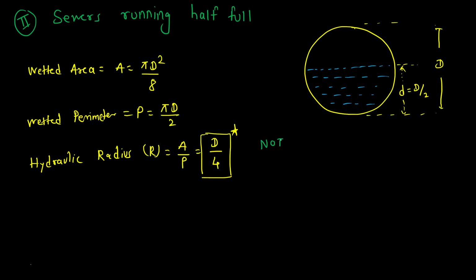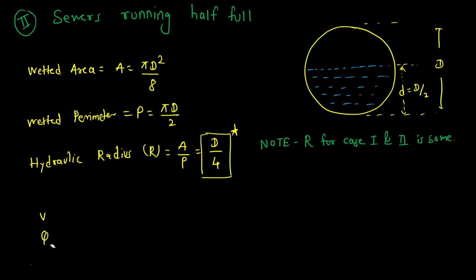So write down the note: R for case 1 and 2 is the same. This can be asked as an MCQ. Now, with this, you can apply the formulas for V and Q and then get the values.